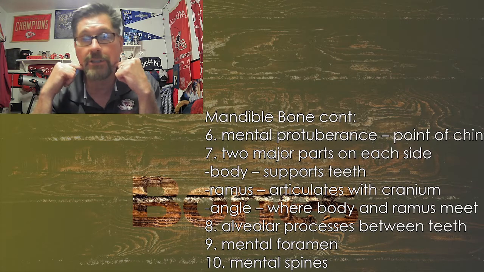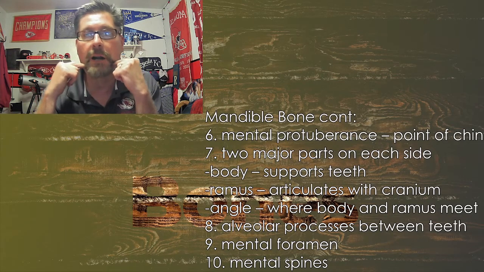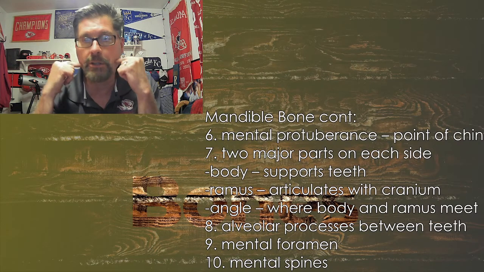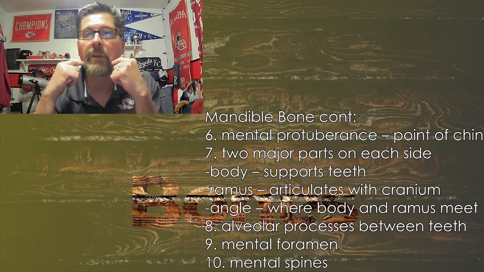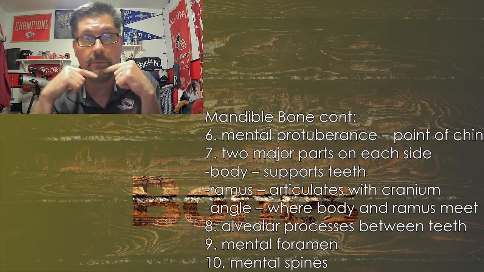That's called the angle, which is oddly named. And of course the body, that's the straight part parallel to the ground that supports the teeth. So you've got the ramus, the up and down part, the angle, and then the body part, where the teeth sit.